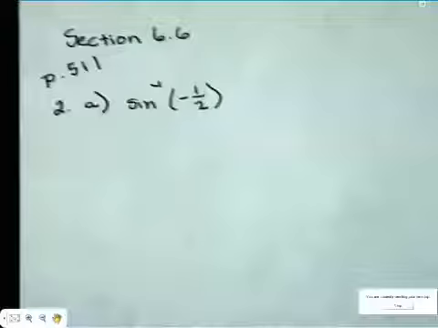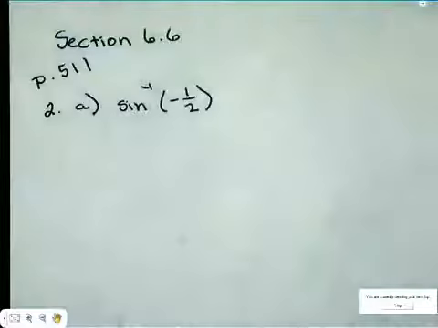Now, this is just going to take a little practice, but when you look at that, you have to think: the angle whose sine is -1/2. I'm thinking, well, sine is negative in 2 quadrants. Which 2 quadrants? Third and fourth, but which one will inverse sine give us?